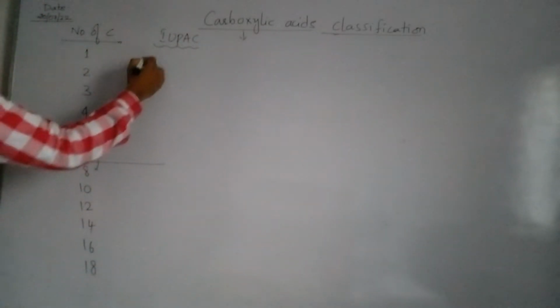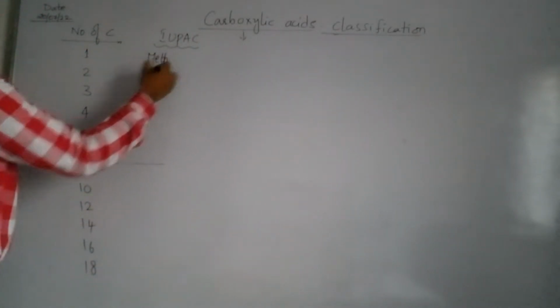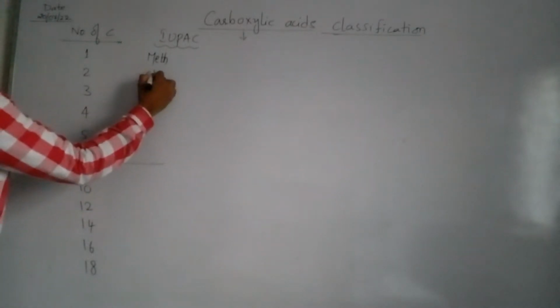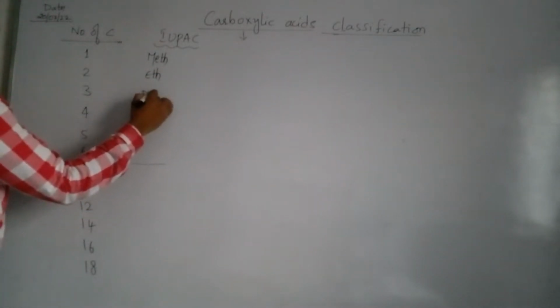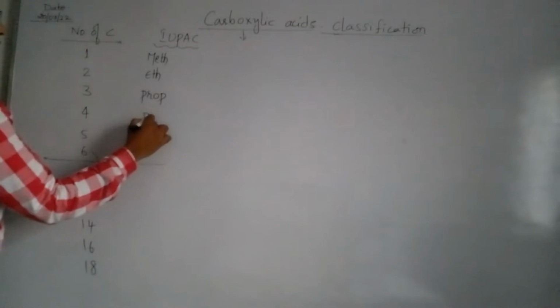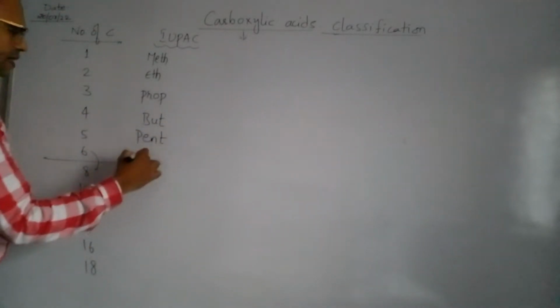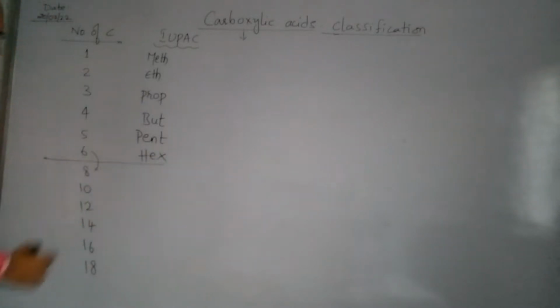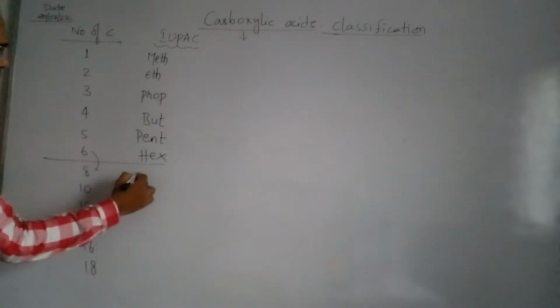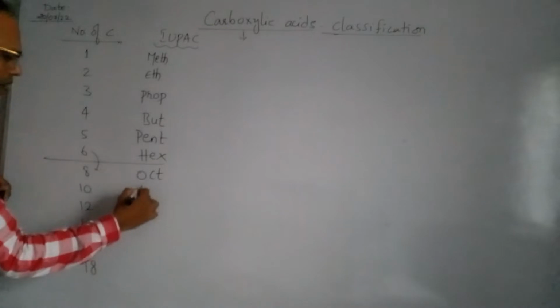When the number of carbons is 1, you know that the root word is meth. Here it is eth, prop, but, pent, hex. Next, 8, the root word is oct.